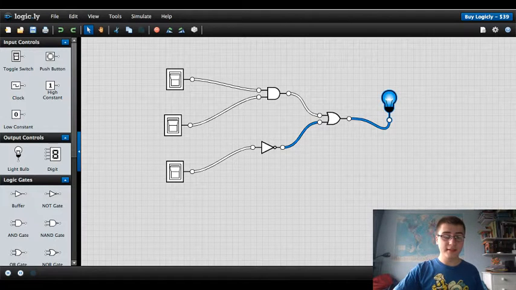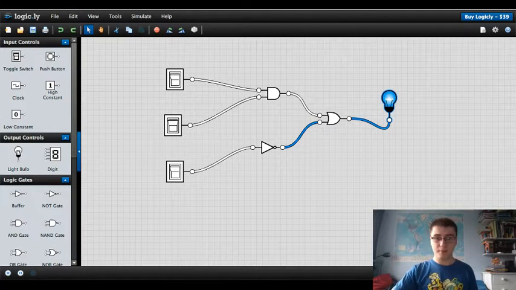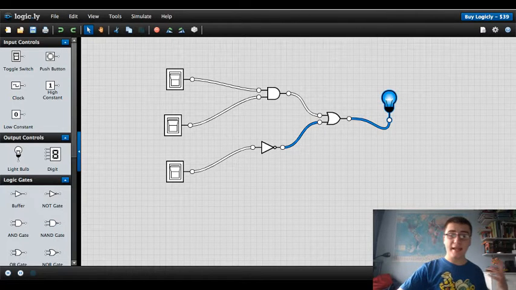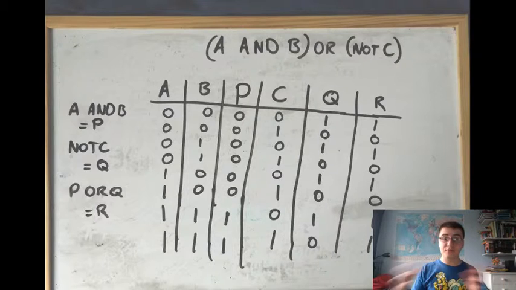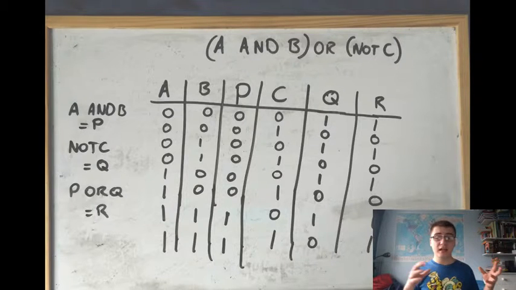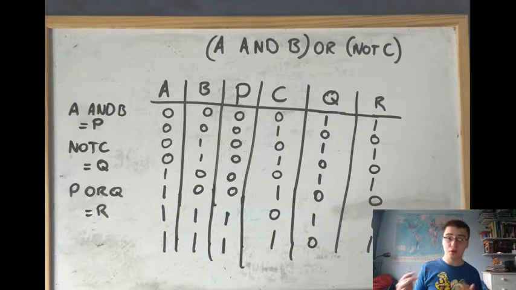So basically, this can be represented in what is called a logic table. A logic table is a written representation of the results of a logic diagram. As you can see, each column represents either an input or an output, and each row represents a combination of inputs and their results.